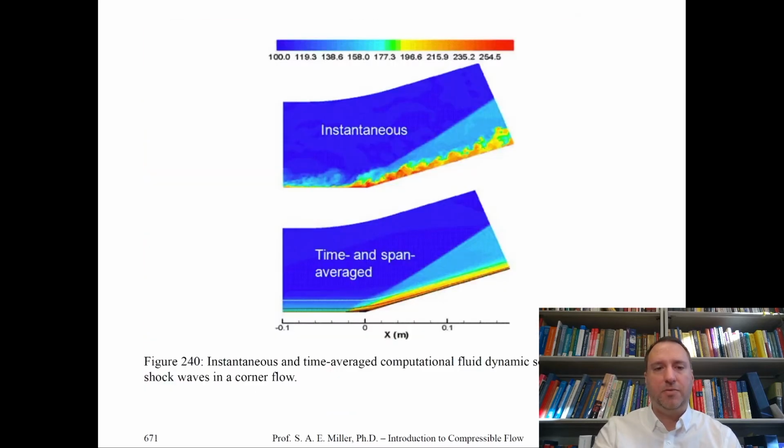The lower figure is very much what we would see in the Schlieren with a long exposure time of the camera. Here the flow moves from left to right, and it's a time averaged flow field, which I'll talk about momentarily. This blue area is all supersonic, and this line represents the shock wave, and the multiple colors along the wall represent the boundary layer.